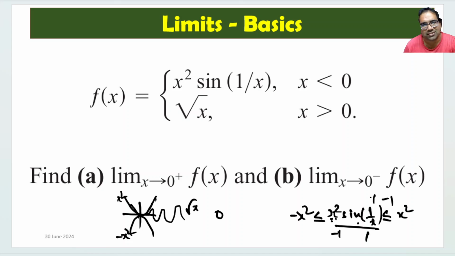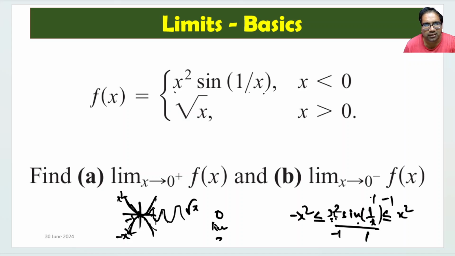Now by using the sandwich theorem, we can say that as x is approaching 0 from this side, the limit of these two graphs, x square and minus x square, is actually 0. Even though we cannot define exactly the value of x square sine 1 by x when x equals 0, the limit should be equal to the limit of these two graphs.